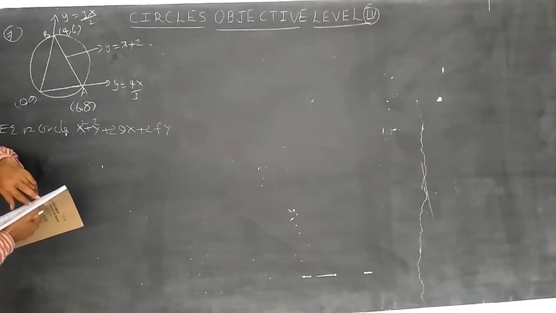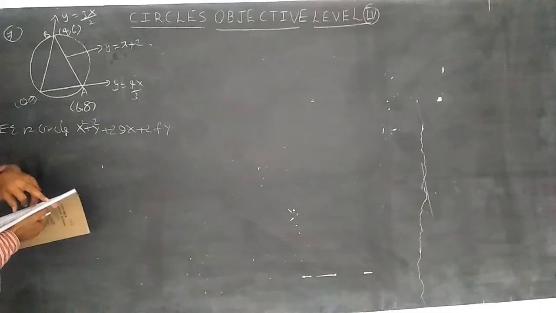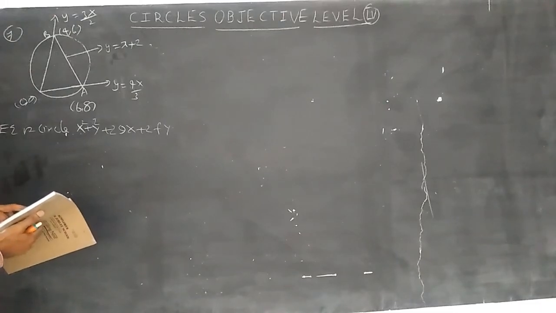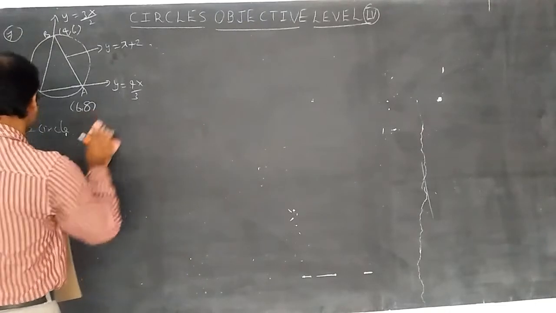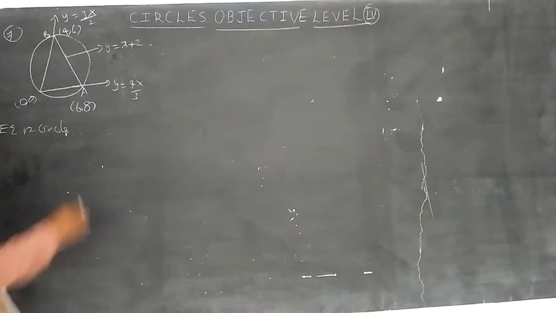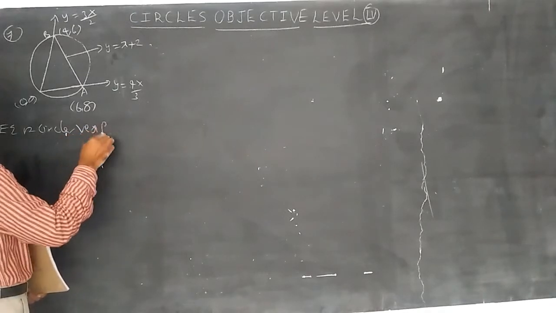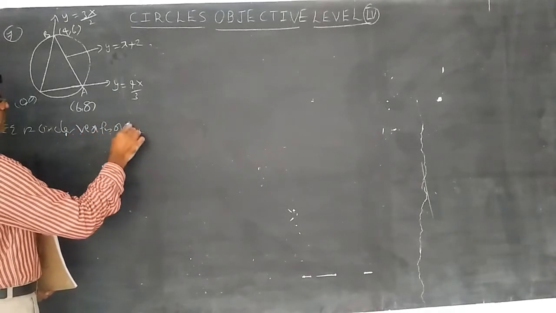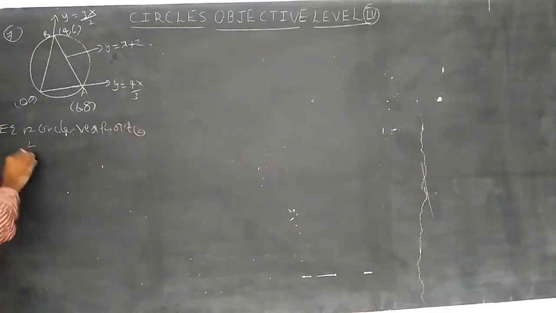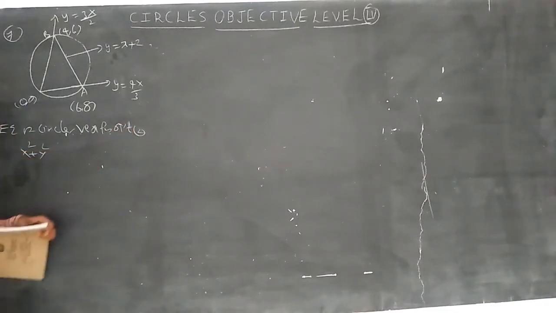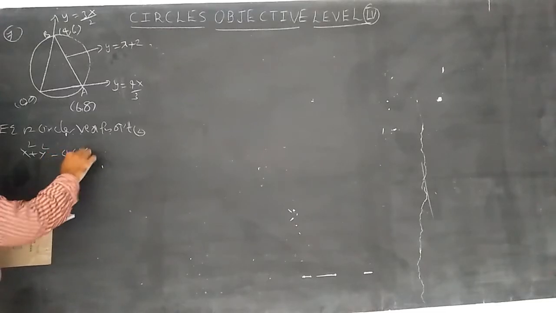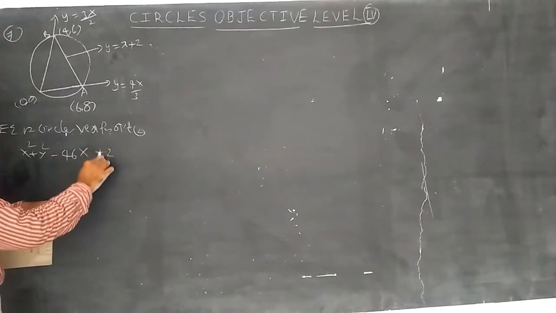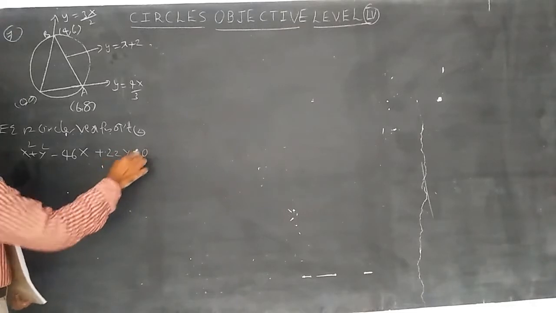Let us verify the second option with 4 comma 6. Option 2 is x square plus y square minus 46x plus 22y equal to 0.